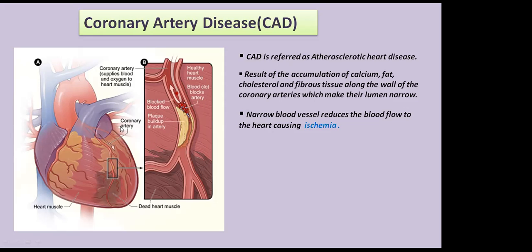What are the three components? There are three components which result in reduced blood flow to the muscles of the heart. One is reduced oxygen supply, second is reduced nutrients required by the myocardium, and third is reduced or impaired washout of metabolic waste.